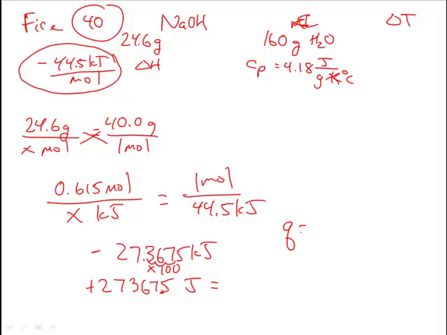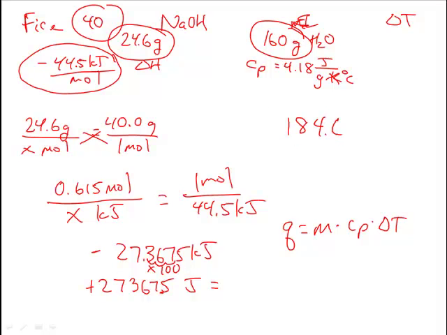Once you have the joules that go into the solution, you can use your mass times specific heat capacity times change in temperature. The tricky thing about the mass is this is 24.6, this is 160, so you have to add them together because it's for the solution. So 184.6 grams is for the entire solution.